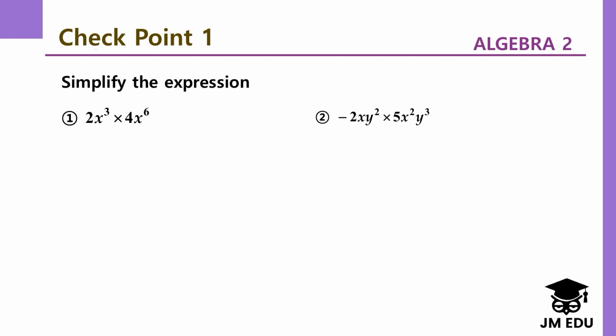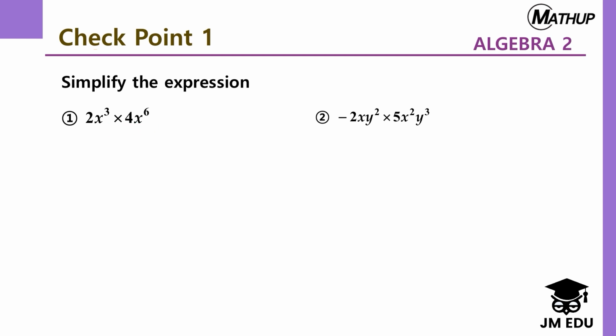Checkpoint 1. The question is to simplify the expression. For number 1, we have one term multiplied by one term, right? If we have one term, we say that this is a monomial. So this is a monomial times monomial, right?